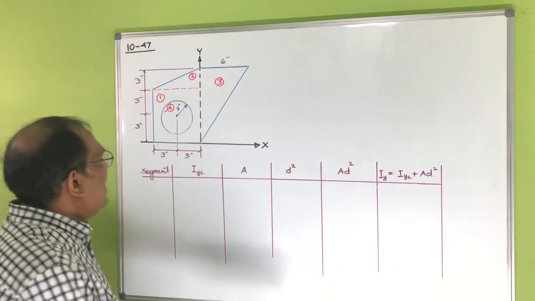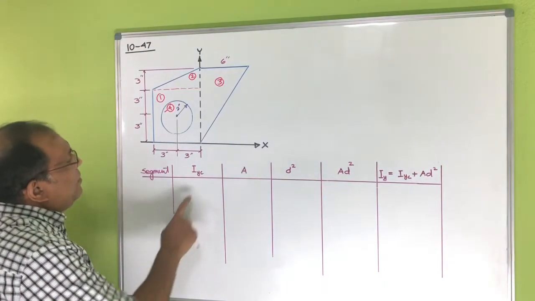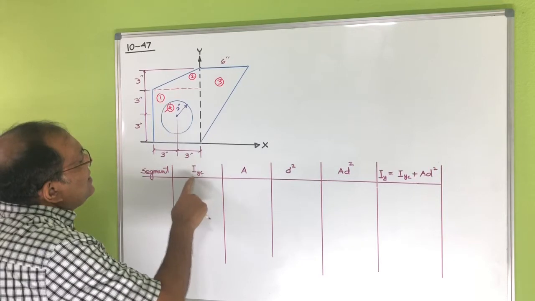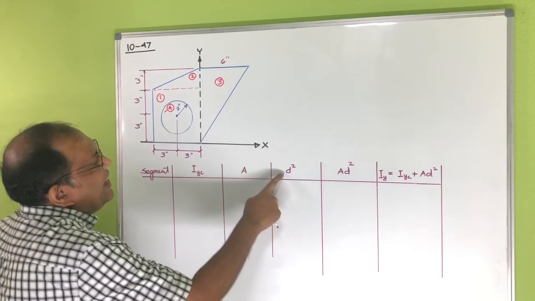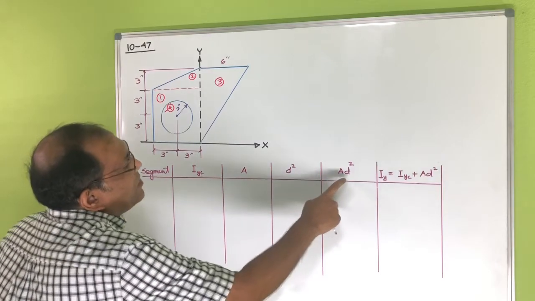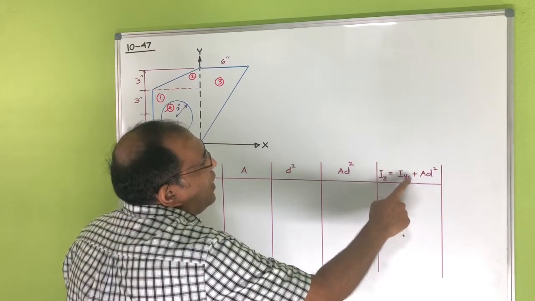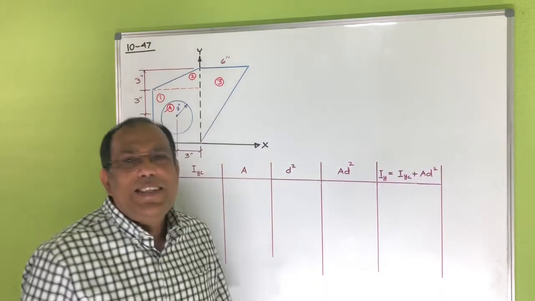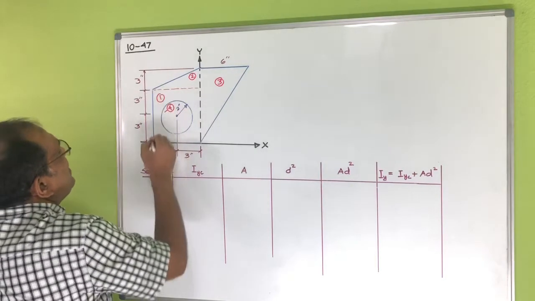You can see in the table there are segments, I have 1, 2, 3, 4 segments. Then this is the centroidal Iy, and then this is A, this is D square, so this is AD square, so Iy would be Iyc plus AD square.